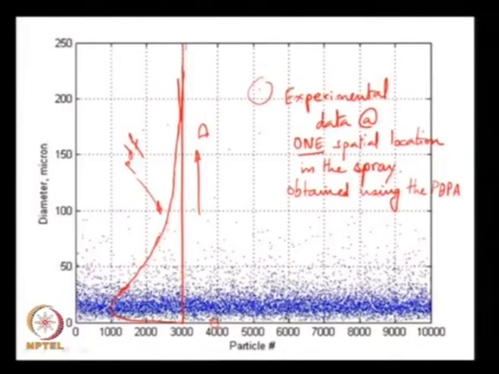For now, that red curve that I have drawn on top of these blue dots qualitatively indicates a density of these drops in this vertical coordinate called diameter. How densely these drops are packed in that space is indicated by this red curve.